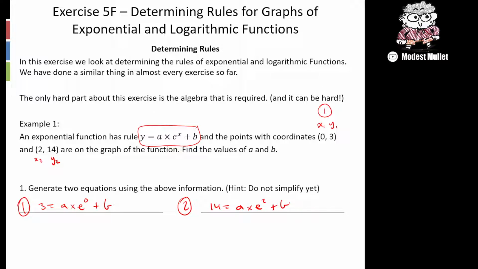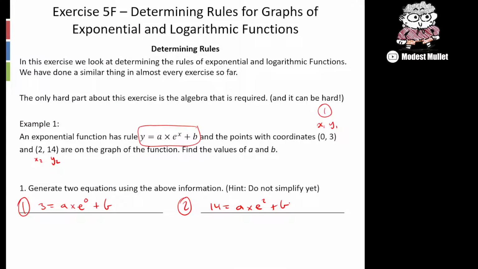So there's our two equations. Now for this problem, I've already got all the working out in there, so you can jump in and have a quick look on this next slide. I will talk through it a bit, but then the slide after, we're going to start another problem from completely scratch and work through all the algebra.